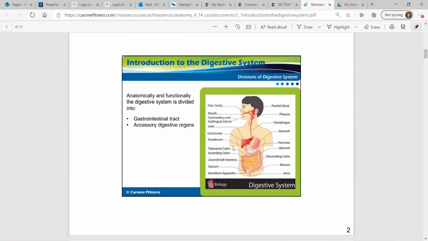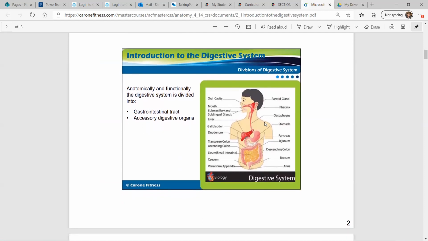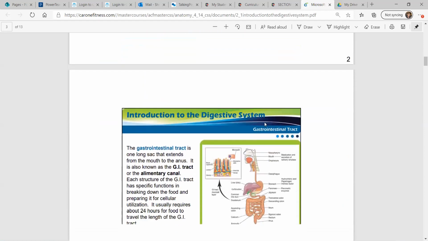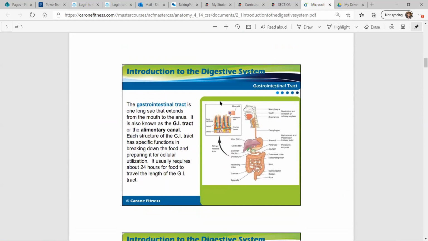Anatomically and functionally, the digestive system is divided into a gastrointestinal tract, and then there's accessory digestive organs that help in a way. But the gastrointestinal tract is one long sac that extends from the mouth to the anus.